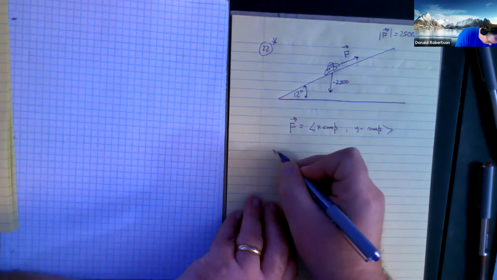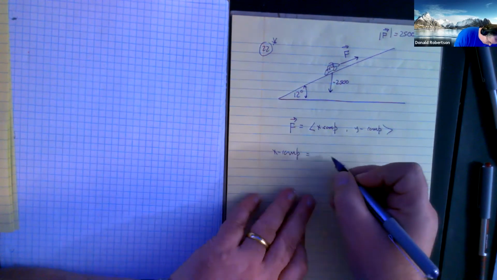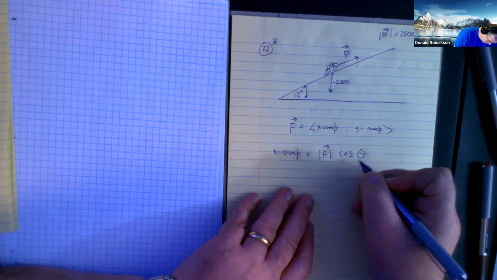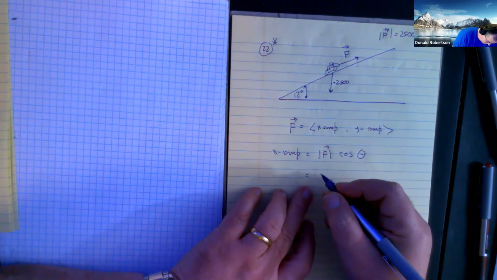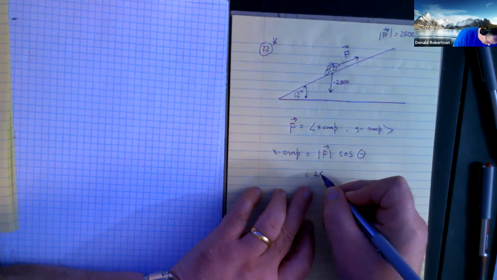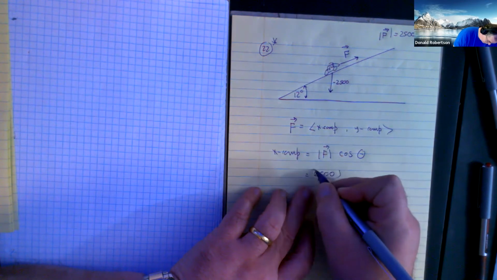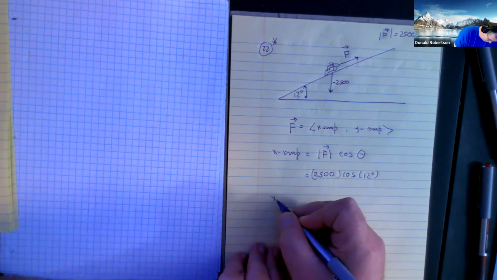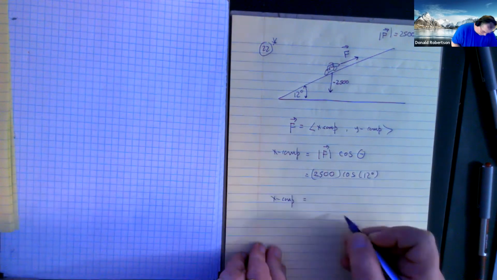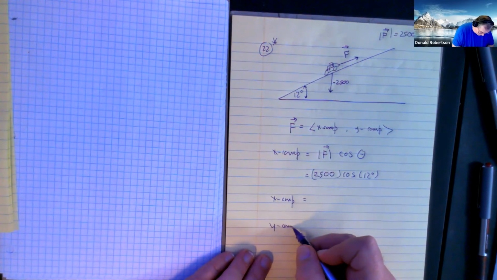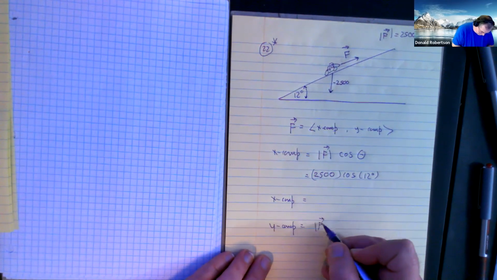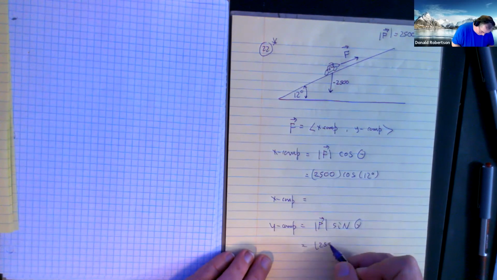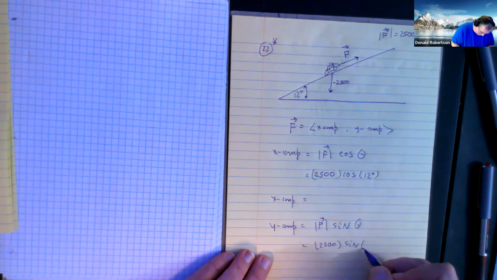The x component is going to be the magnitude of the force times the cosine of the angle. So the magnitude of the force is 2,500 times cosine 12 degrees. The y component is the magnitude times the sine of theta, which is 2,500 times sine of 12 degrees.